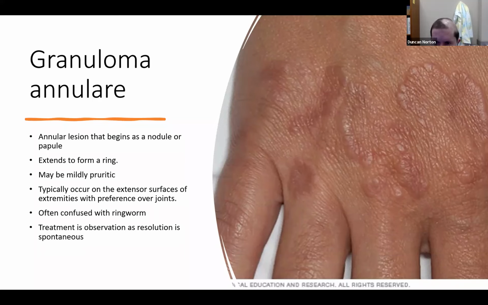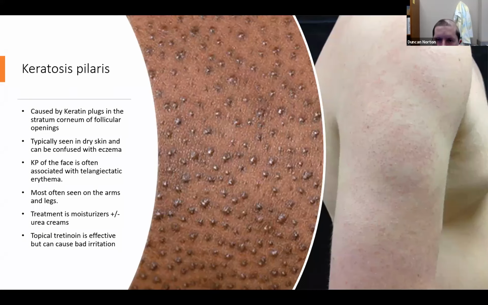The next rash you'll typically see a lot in clinic, and this is typically in teenagers, is keratosis pilaris, or KP as I like to call it. It's caused by keratin plugging of the stratum corneum and the follicular openings. It's typically seen in individuals that have very dry skin and can at times be confused with eczema. It's typically on the arms and sometimes the trunk.